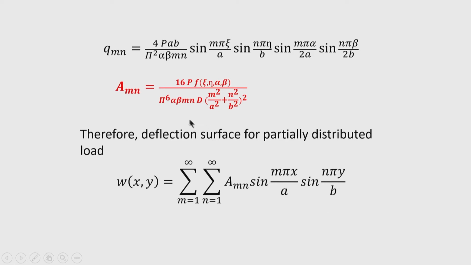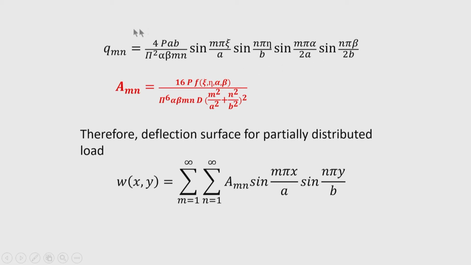Now, A_mn is actually dependent on Q_mn in the original formulation if you see, but Q_mn for that case is found as 4 P a b pi square alpha beta m n sin(m pi xi by a) sin(n pi eta by b) sin(m pi alpha by 2a) sin(n pi beta by 2b).